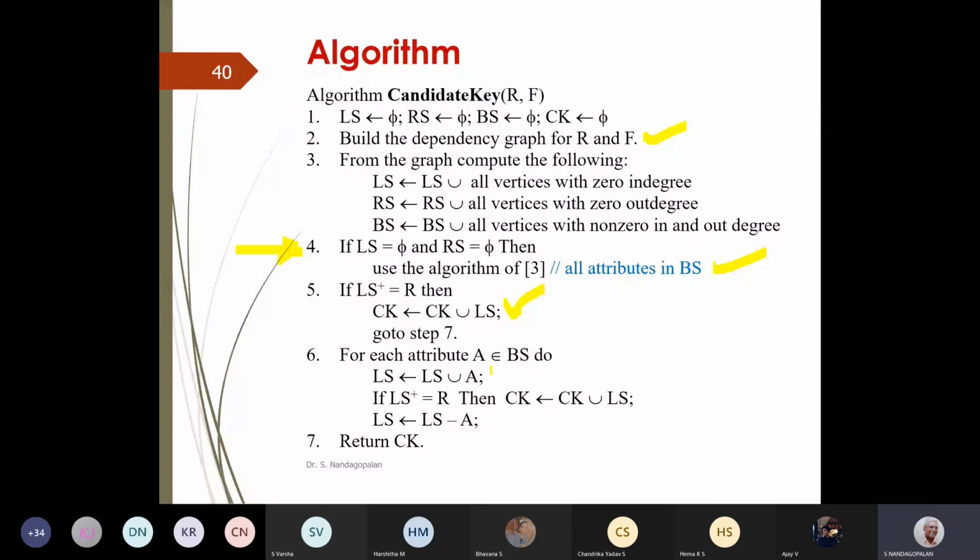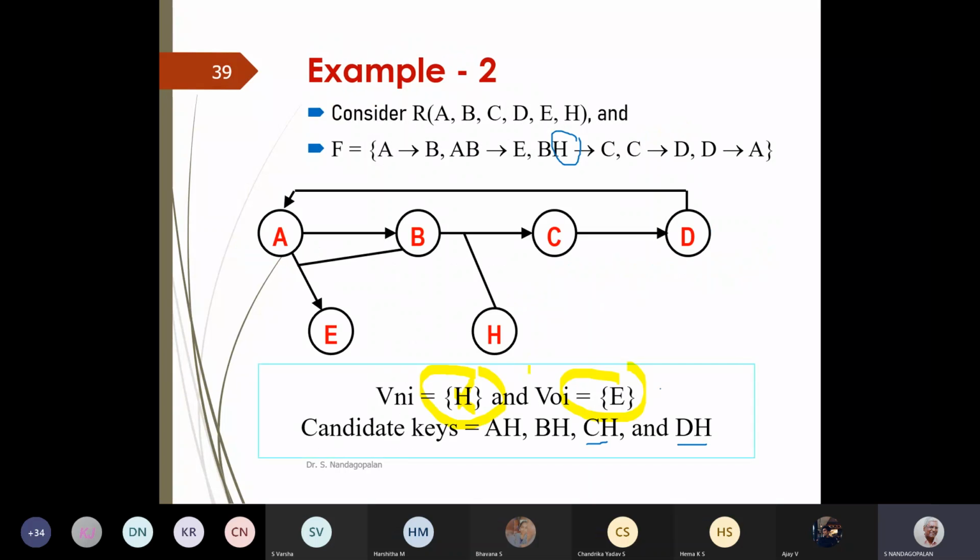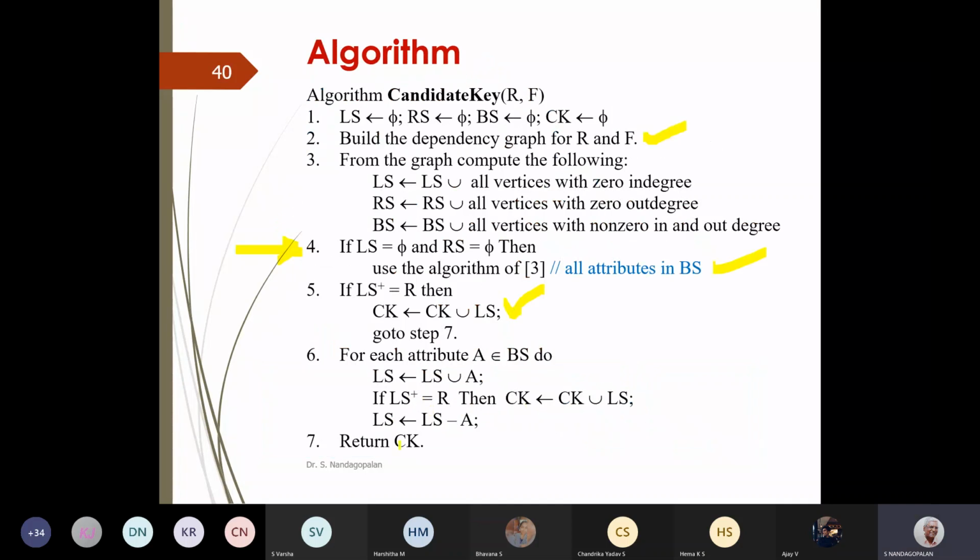Then pick one attribute at a time that belongs to both the sides. That's what we did, no? See, H did not give all the attributes from R. So what we did, we just picked one at a time from the both sides. So pick one attribute A that belongs to both the sides and see whether that gives me R. Whatever you have found from left hand side, join that with this attribute and find its attribute closure.